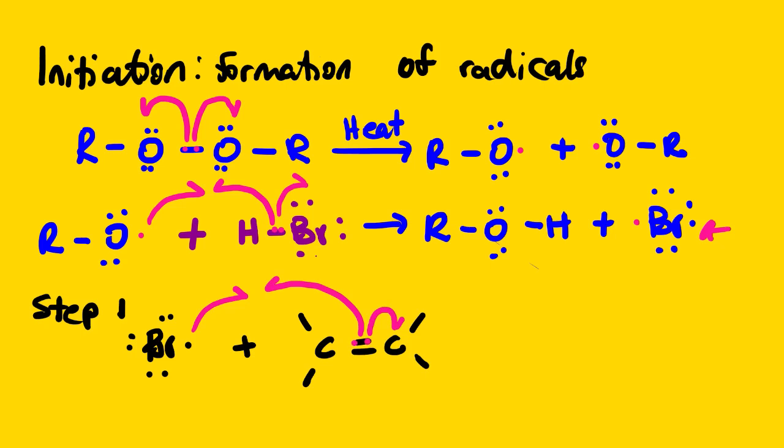We have two electrons here. One of the electrons will go to the bromine radical, and the electron from the bromine radical will also move towards the electron which was homolytically broken by this process here. Then one of the electrons will go to the second carbon.